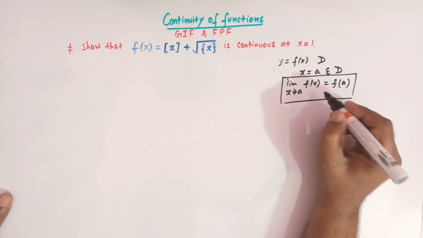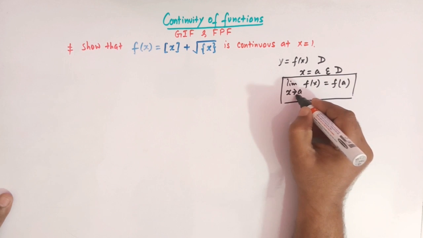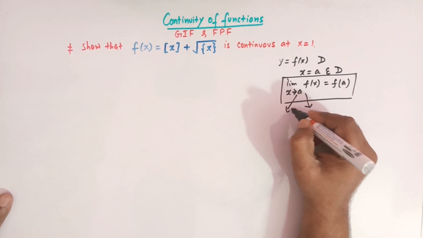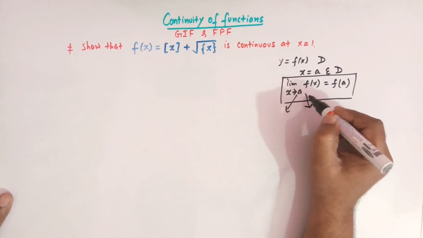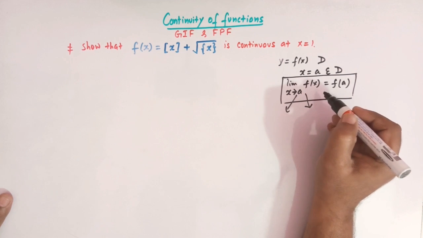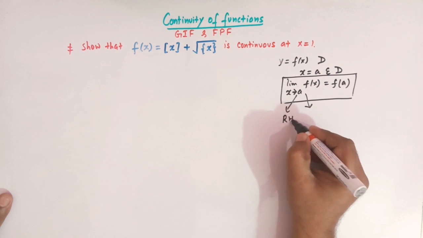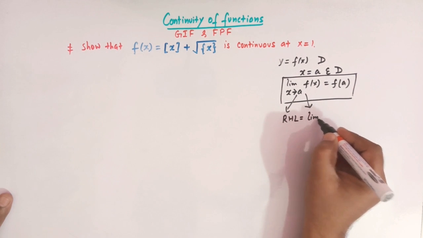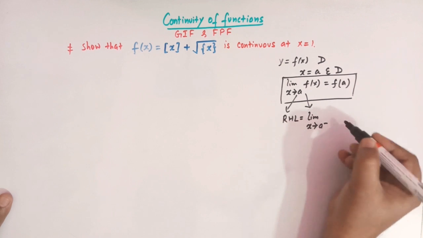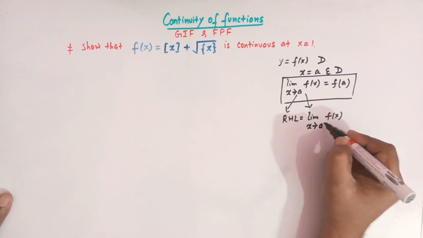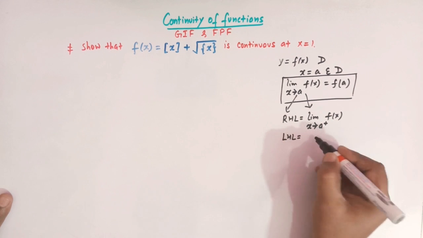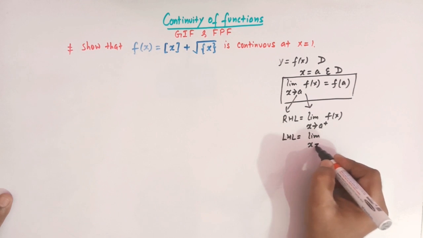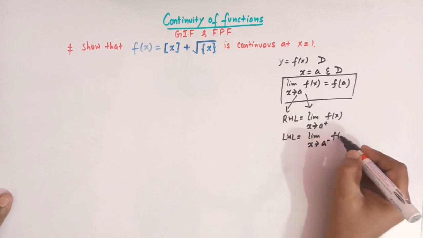Further, we'll find the right hand limit and the left hand limit. The right hand limit is denoted by limit x tends to a plus f of x, and the left hand limit is denoted by limit x tends to a minus f of x.